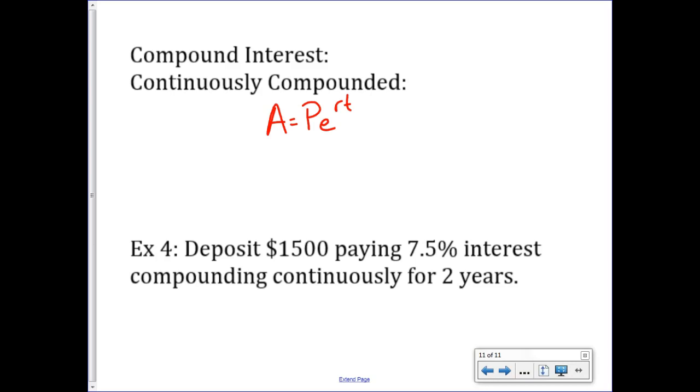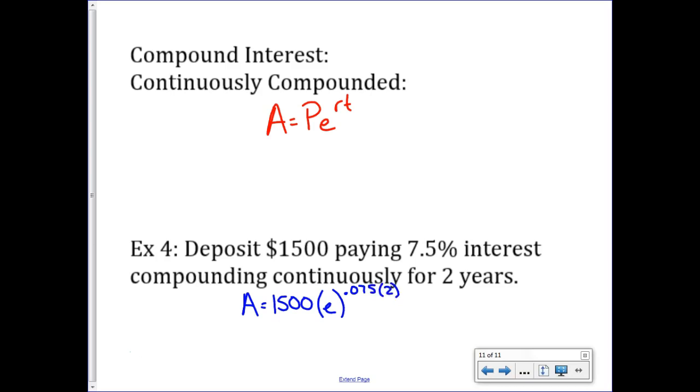So we have an example here. If you deposit $1,500, you pay 7.5% interest compounded continuously for 2 years. So we want to know our A value. Our principal amount is 1,500. And then our e. And then our interest, 7.5%, move that decimal 2 places, so that's 0.075, times 2 years.